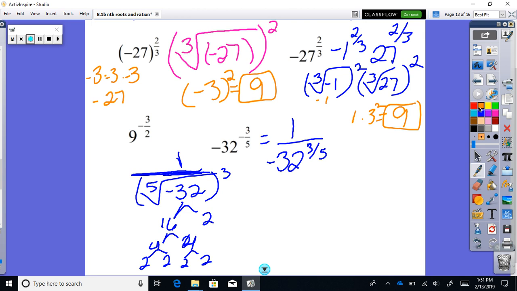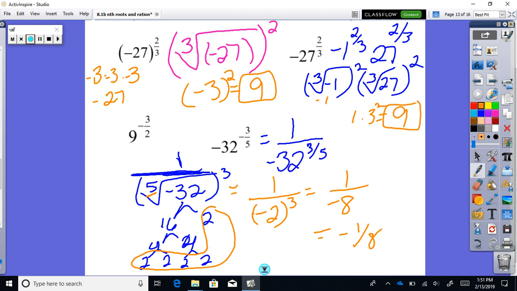So we actually have 5 2's. And since it's negative and it's an odd root, your answer is going to be negative. So the 5th root of negative 32 is negative 2. And negative 2 cubed, well, that's negative 2 times negative 2 times negative 2. It's going to be negative 8. And so negative 1/8 is my answer for that one.